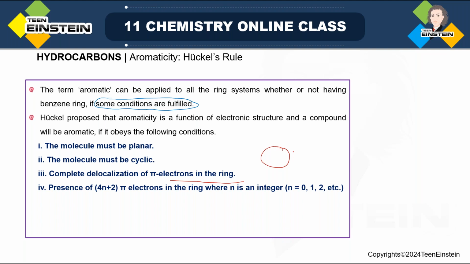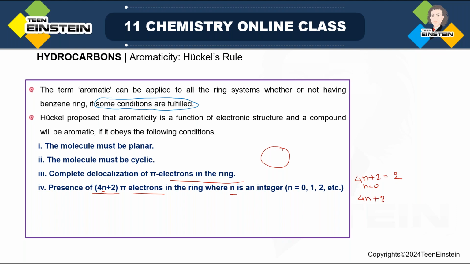And the last and most important point is the presence of 4n plus 2 pi electrons in the ring, where n is any integer: 0, 1, 2. When you put n equal to 0 in 4n plus 2, you get 2.